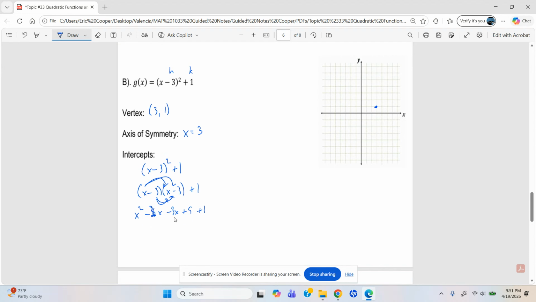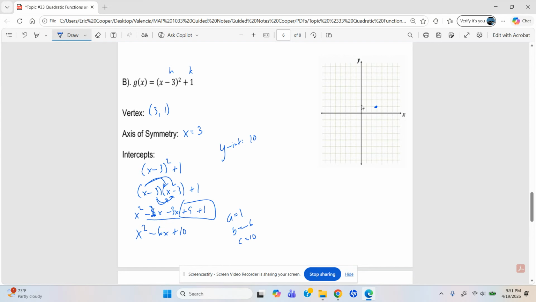So I have x squared minus 6x, and then these combine, plus 10. So now it's back into the form we saw earlier, where a equals 1, b equals negative 6, and c equals 10. And remember, for the y-intercept, it's always the constant. So in this case, the y-intercept is equal to 10.